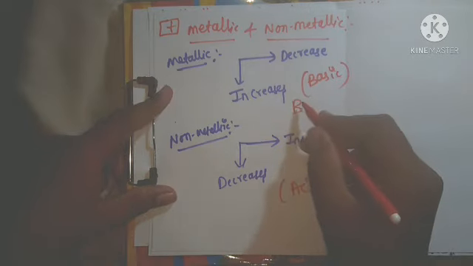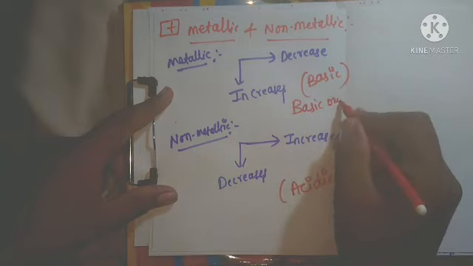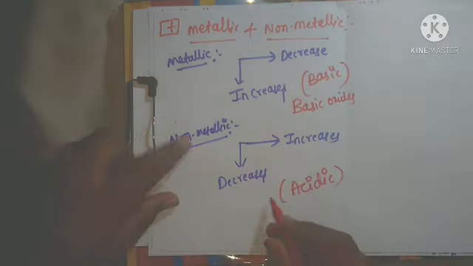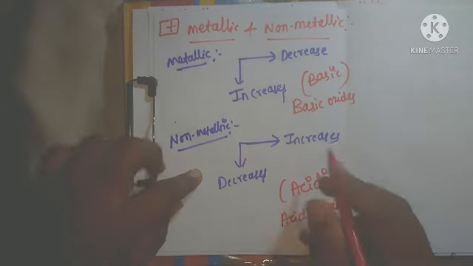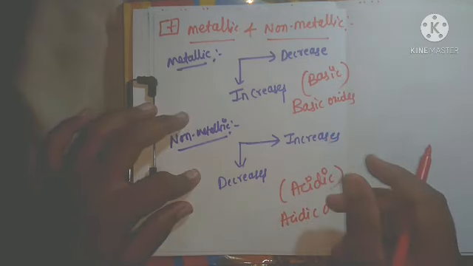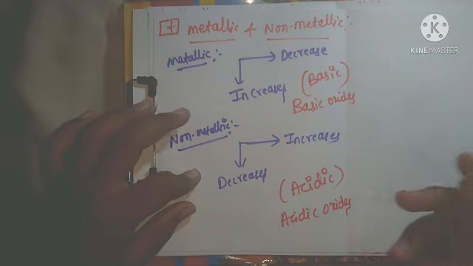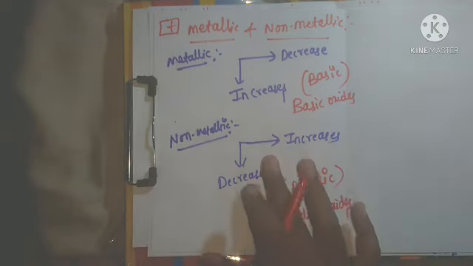When metals combine with oxygen, they form basic oxides. When non-metals combine with oxygen, they form acidic oxides. In HCl, Cl is a non-metal, so it is an acid. In NaOH, sodium, a metal, is there, therefore it is a base, right?